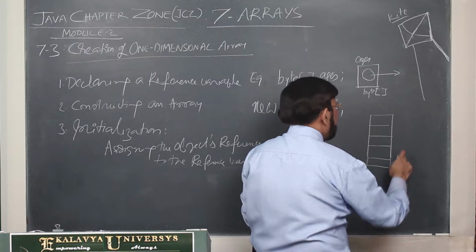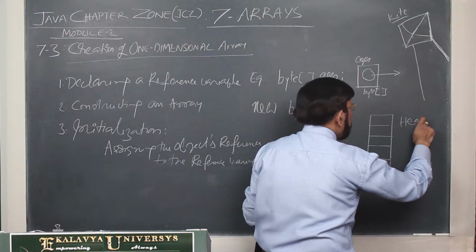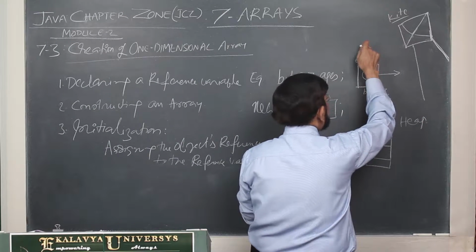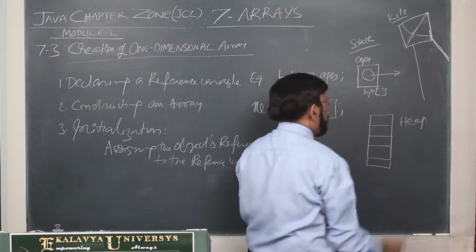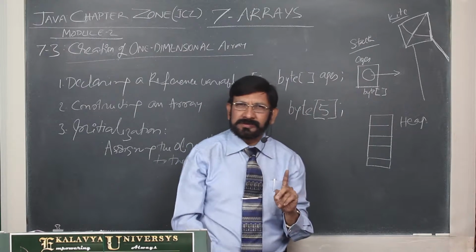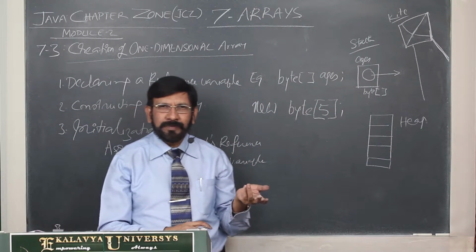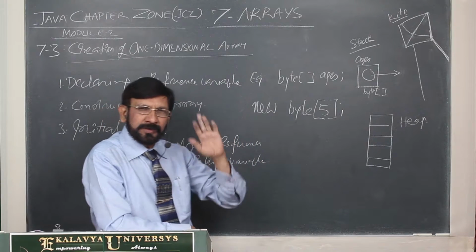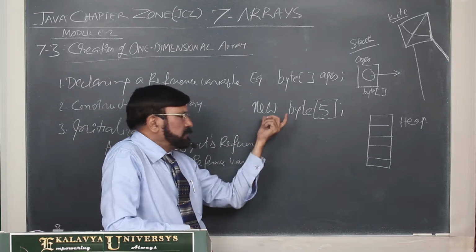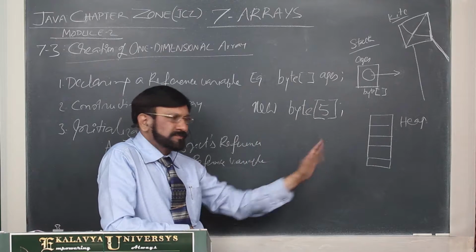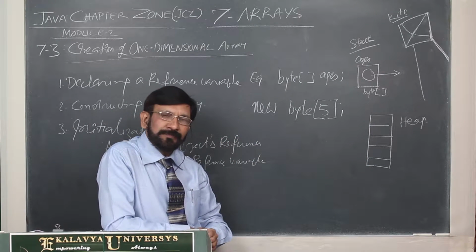Where is it allocated? On the heap. Where is this allocated? On the stack. The limitation of heap memory is we cannot give any name. Whatever amount of memory you require, you can get it allocated by using the corresponding syntax, but you cannot give a name.